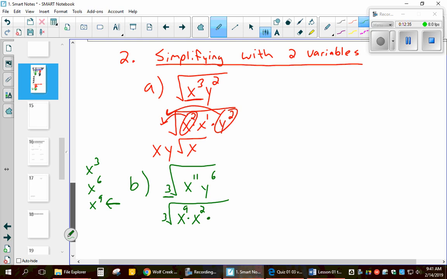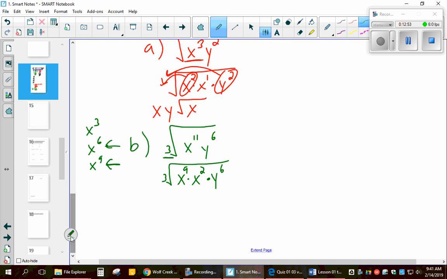And then what about the y? I already know the cube root of y to the 6, right? So that's good. That's actually perfect right now. So I'm going to leave that as y to the 6. Okay. And then we're just going to take out everything we can. So the x to the 9 gets to come out, and the y to the 6 gets to come out.